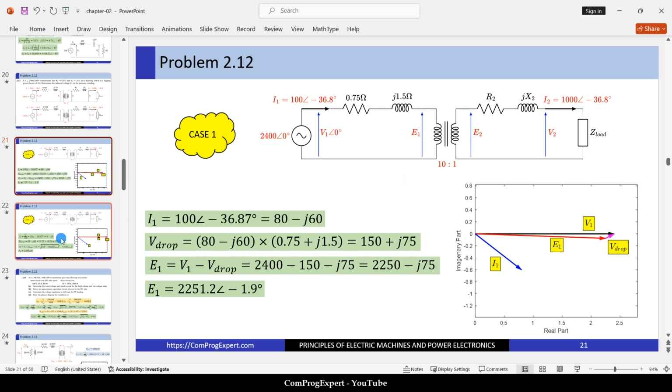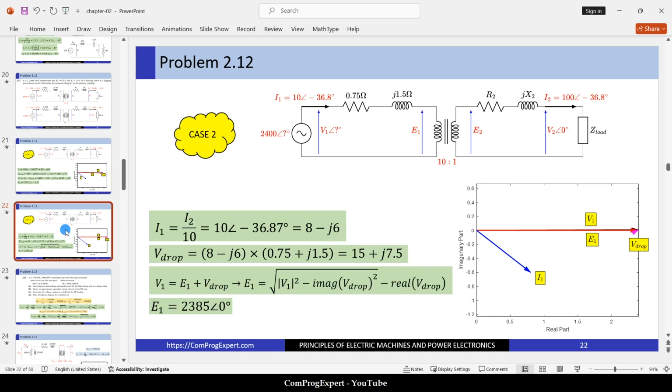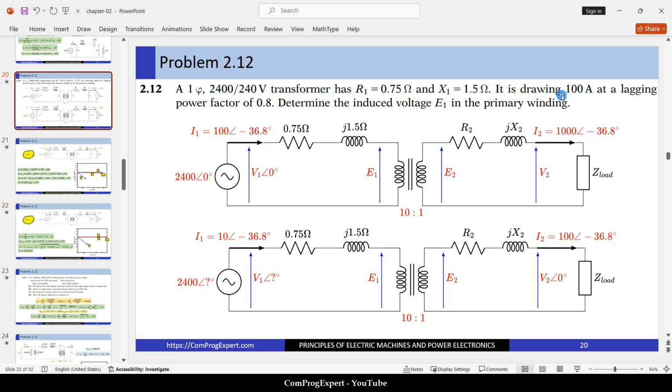But what about case 2? In this case, we assume that this current is for the secondary winding, this one. So, what will be the angle of the V1 phasor? We don't know.